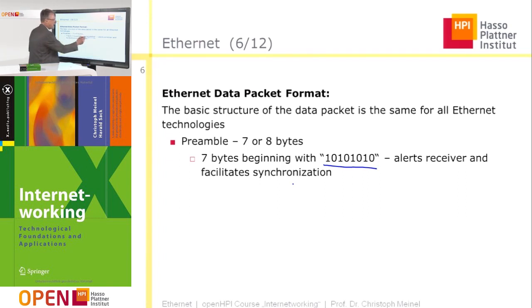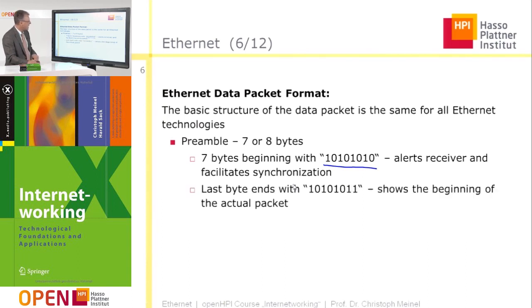Of course, this is a digital representation, and then the 1 as well as the 0 are transformed into a sequence of electrical signals, and then these signals are sent over the network. The last byte of the preamble also ends with such a fixed pattern, 10101011, and this shows that after this, the actual packet comes and is transmitted.